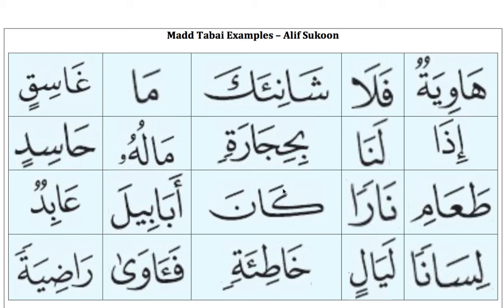Next we have كاف فتحة ألف سكون كا نون فتحة نا كان. Next we have همزة فتحة أ با فتحة ألف سكون با أبا با كسرة يا سكون بي أبابي لام فتحة لا أبابيلا.